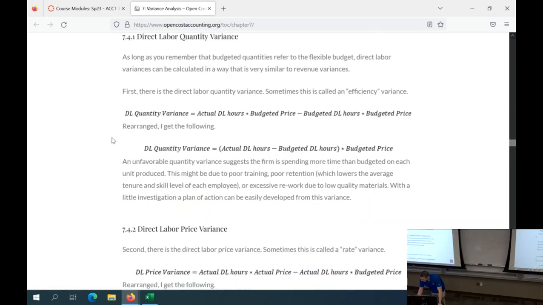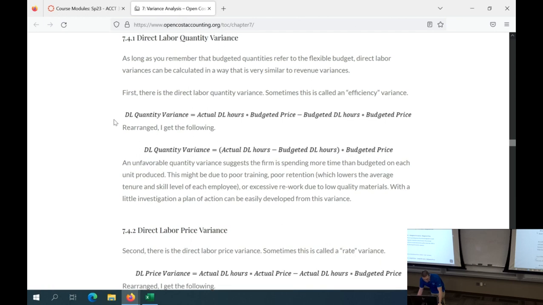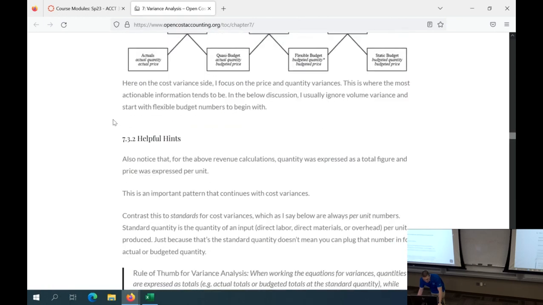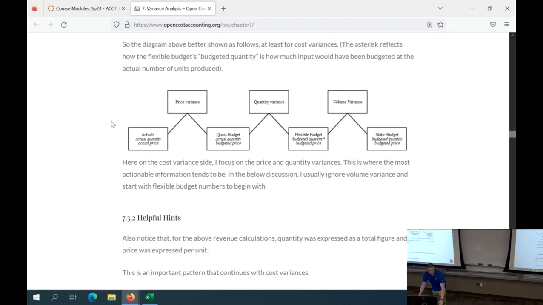Now, as a result of that, we have equations. And you have two equations for each variance, because some of you would prefer the equation that maps directly to this visual. And more power to you. That's fine. That's great. I tend to like the other equation.